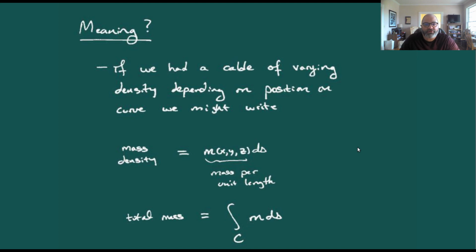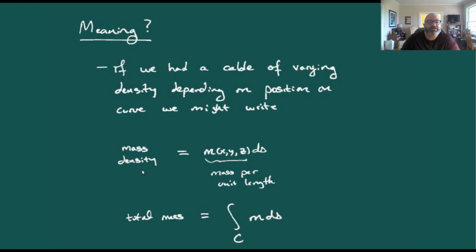So we can ask ourselves what the geometric meaning of line integrals in this form would be. One immediate archetype we can keep in mind is a cable with varying density, where the density depends on the position on the cable.